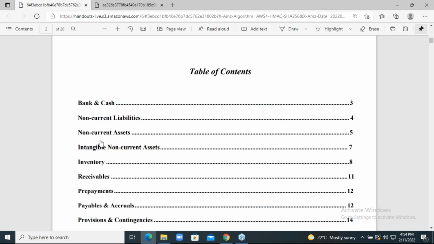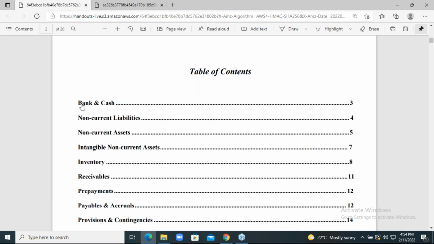Now for the next day, you are going to add 1 head, non-current assets, by repeating that process. And you are going to write all these 3 heads' procedures on the second day. And on the third day, you are going to add intangible non-current assets, but you are going to write the procedures at the end of that third day.